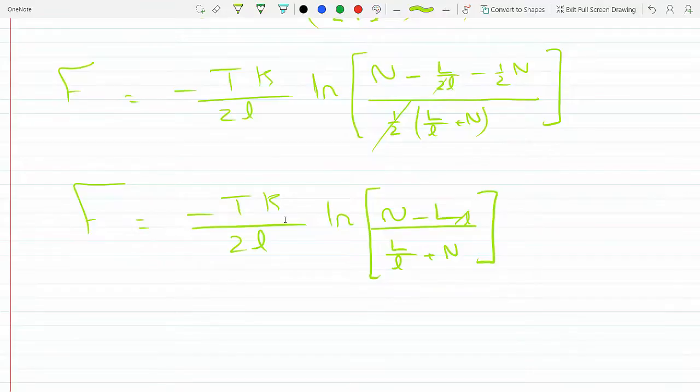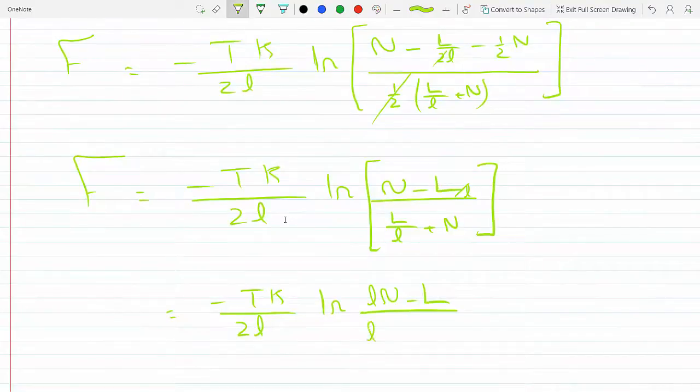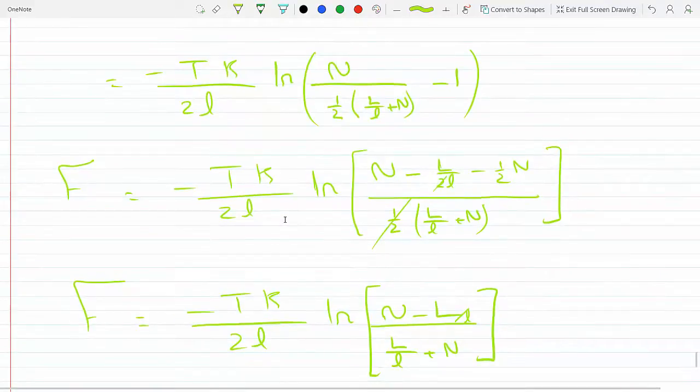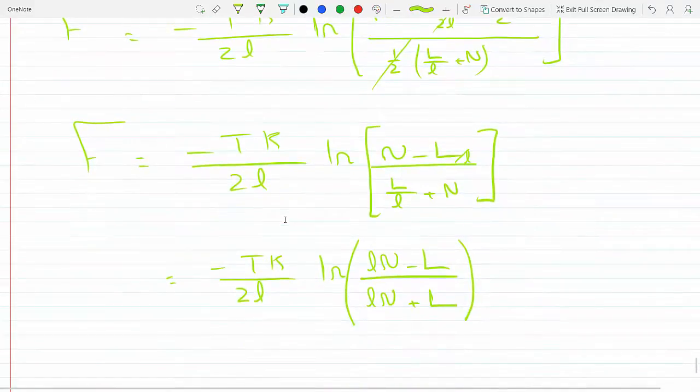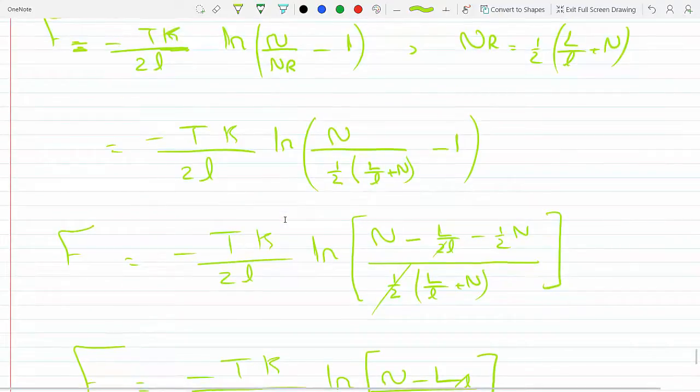Okay, so if I multiply up and down by that, I would get minus TK over 2L ln of N minus L over N plus L. Yeah.